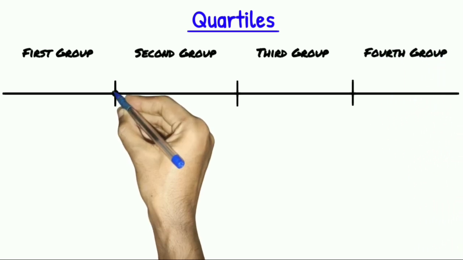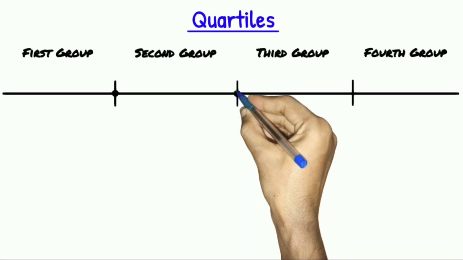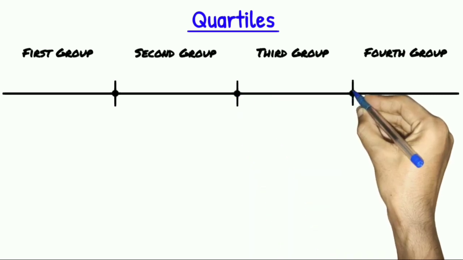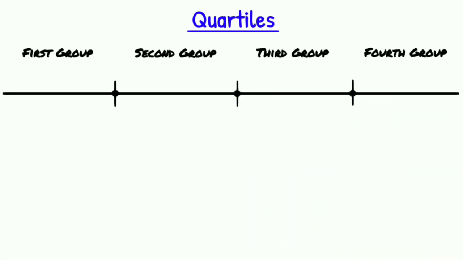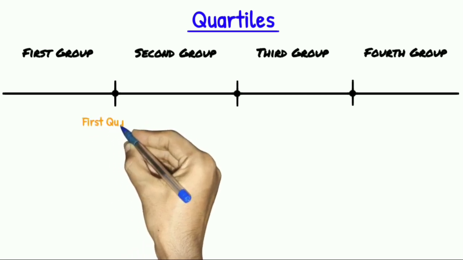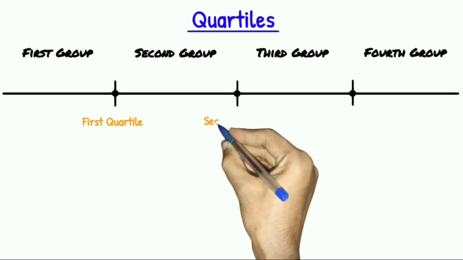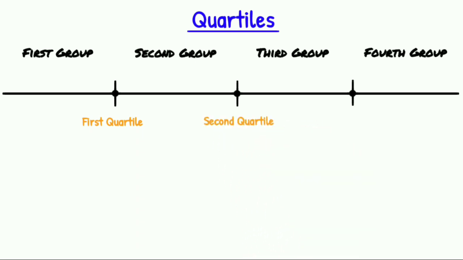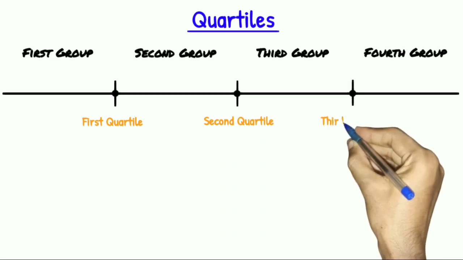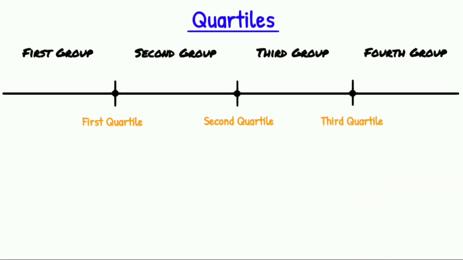Now, itong mga cut-off points na ito, yan yung tinatawag natin na quartiles. This is called as first quartile. This is called as second quartile. And this is called as a third quartile.